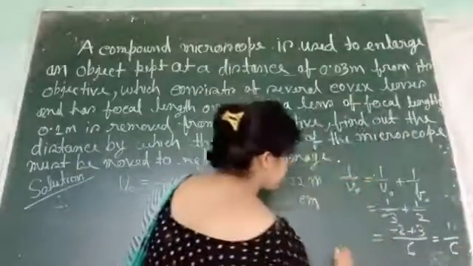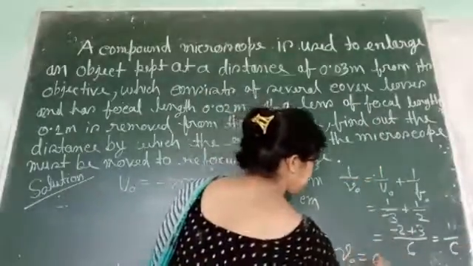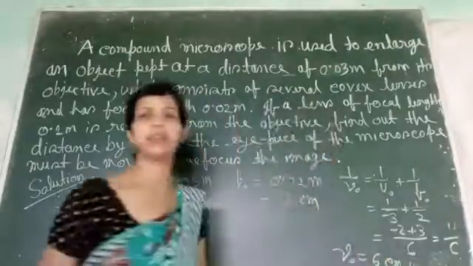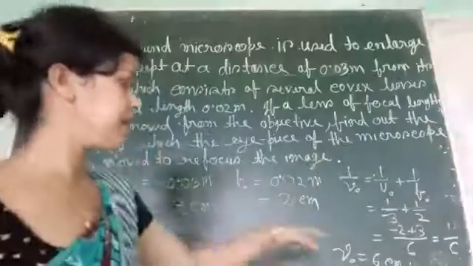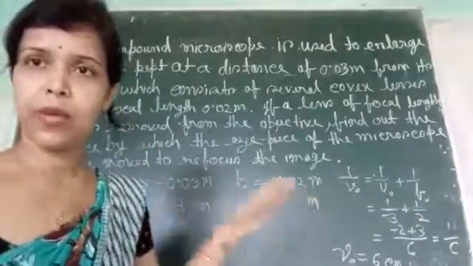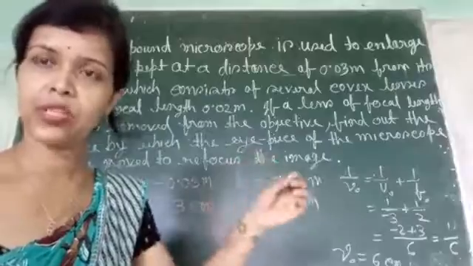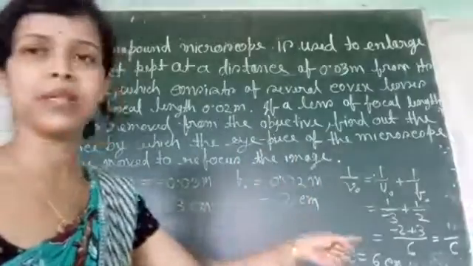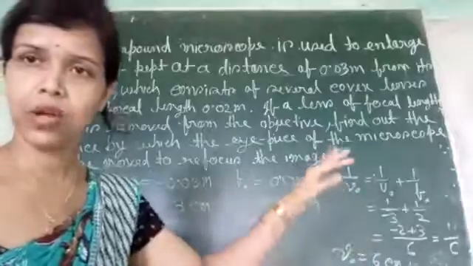That is why here v naught will be 6 centimeter. In this way, we can easily measure the magnitude of v naught. That means at first the image will be formed at a distance of 6 centimeter from the objective.